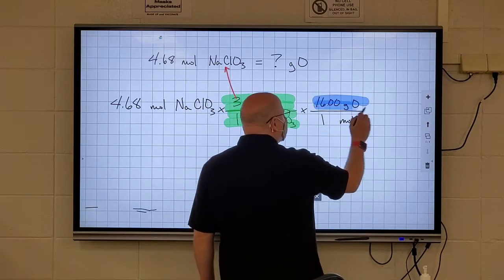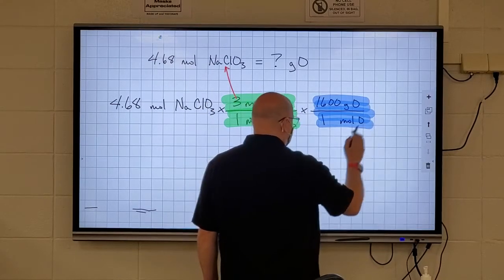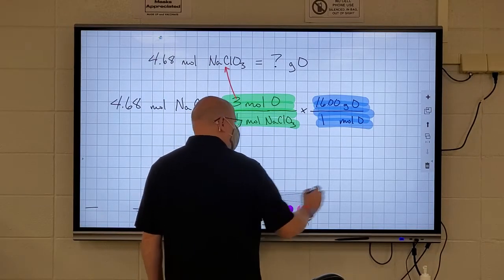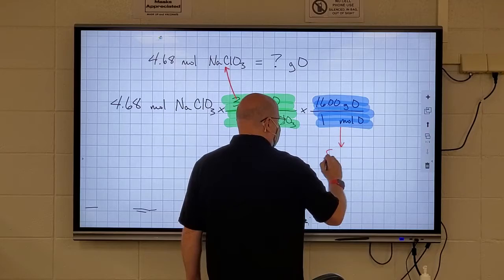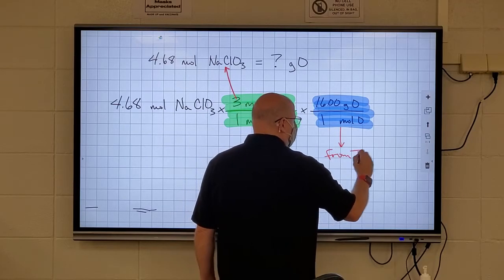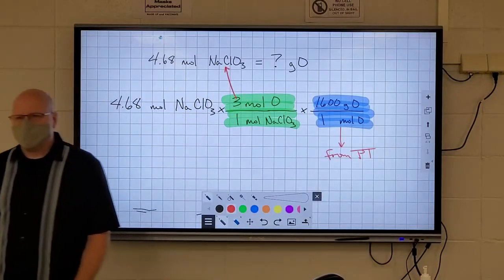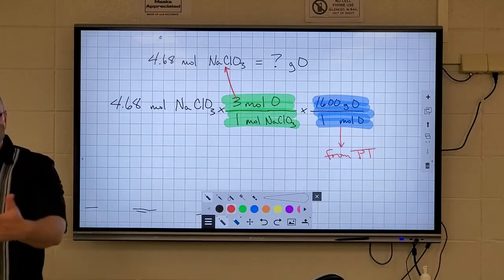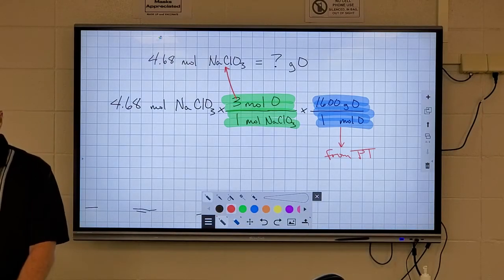This conversion is from your periodic table. That's where your conversions are going to come from right now for the foreseeable future. They're going to come from the formula of the compound that you have and the periodic table.